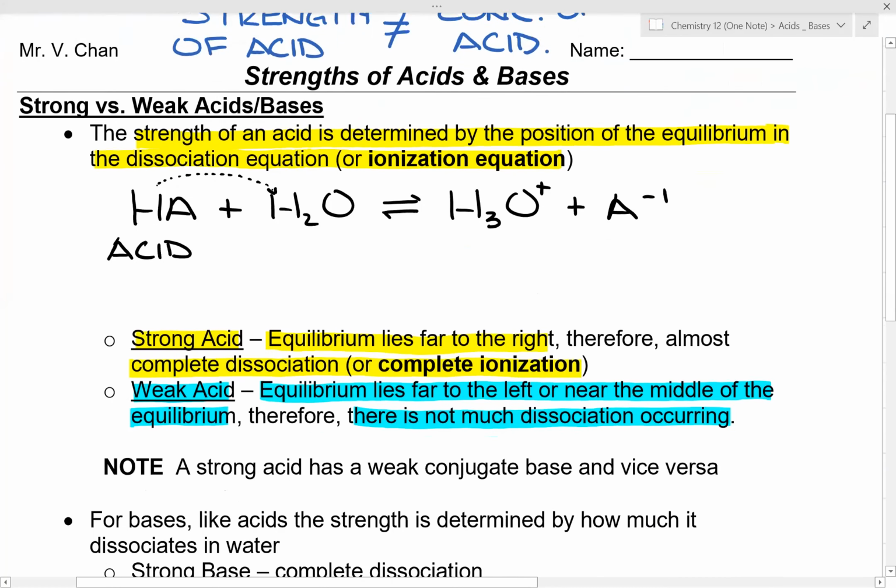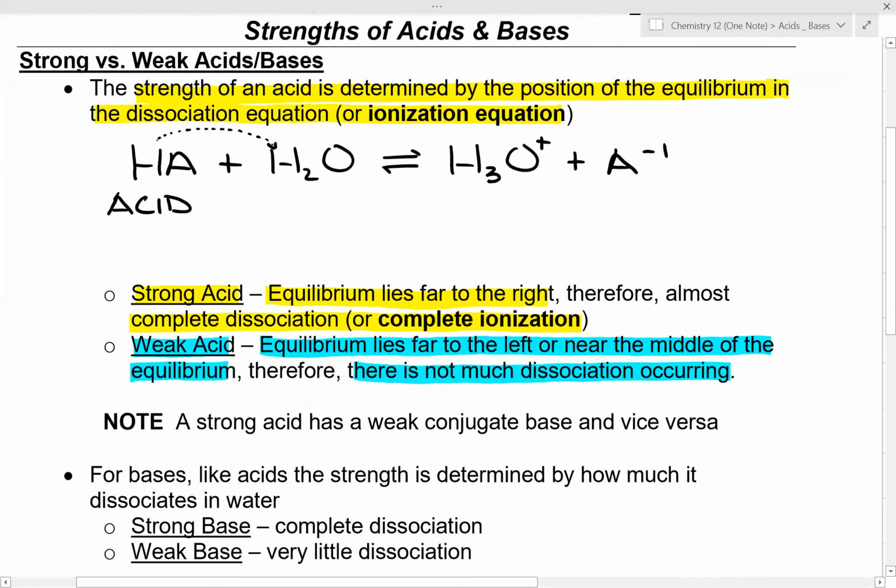Now, one thing you need to be aware of is that a strong acid has a weak conjugate base and vice versa. So a strong acid has a weak conjugate base. A strong base has a weak conjugate acid. The example would be like spending. If you are a good spender, you are a lousy saver.